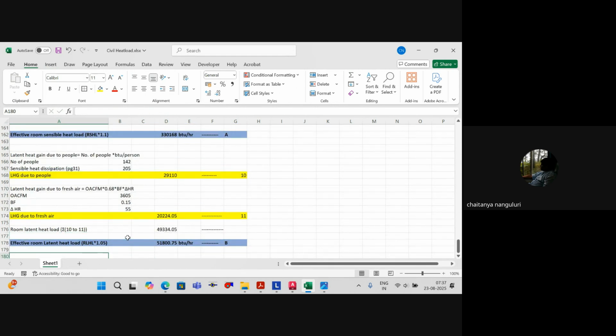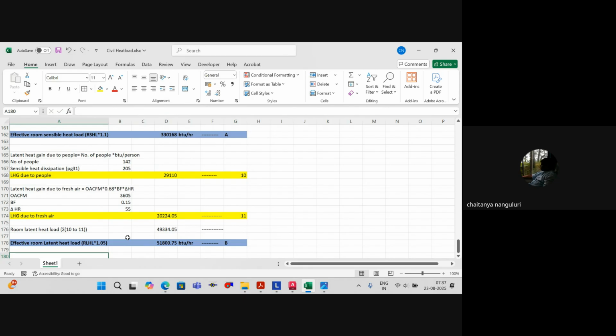Then the next element to calculate, after the effective room latent heat load, is the room sensible heat load. Latent heat load is done.